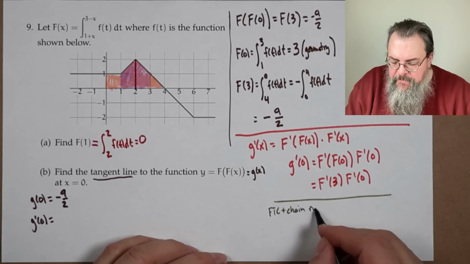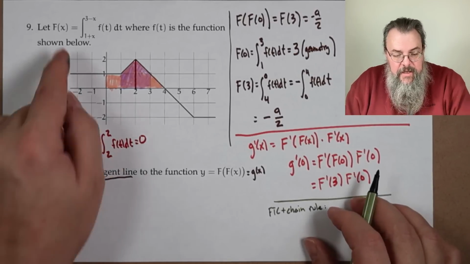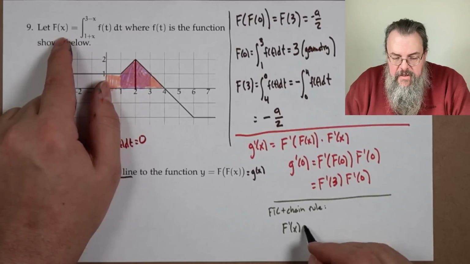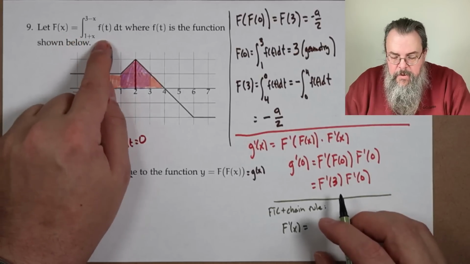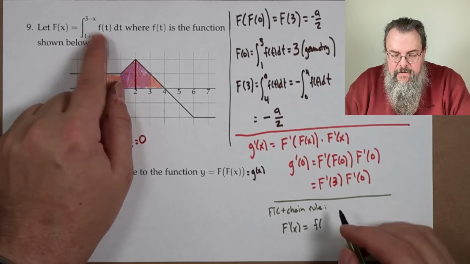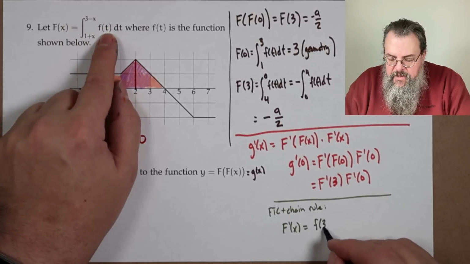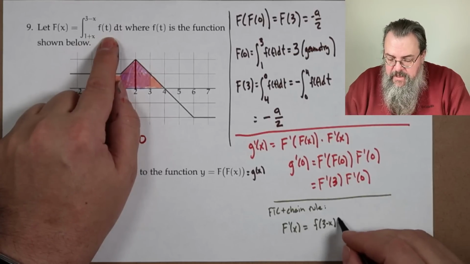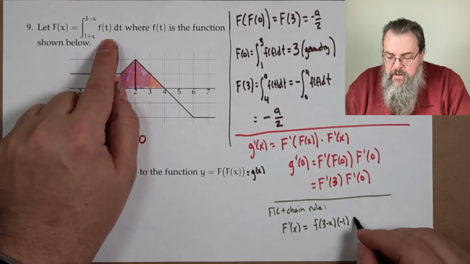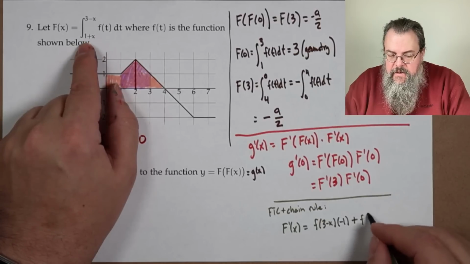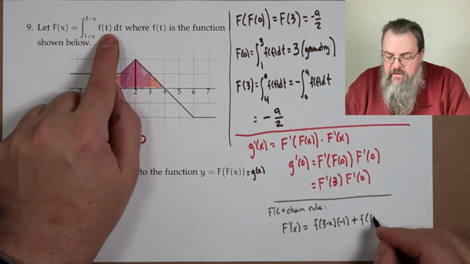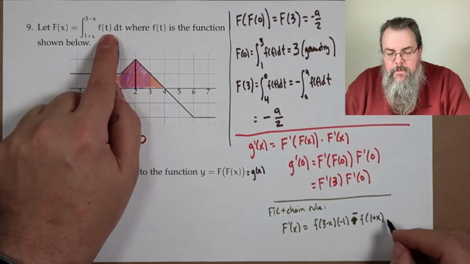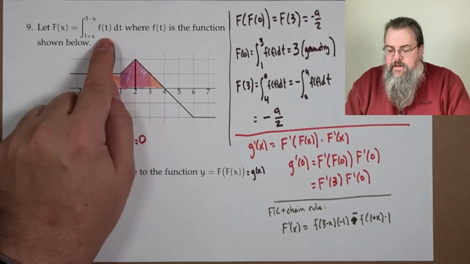tells us the following. It says that capital F prime of x is equal to, we're going to take f of, plug the top in, 3 minus x times the derivative of the top, so times minus 1, minus f of 1 plus x times the derivative of the inside, which is 1.